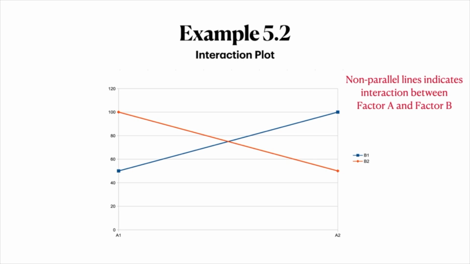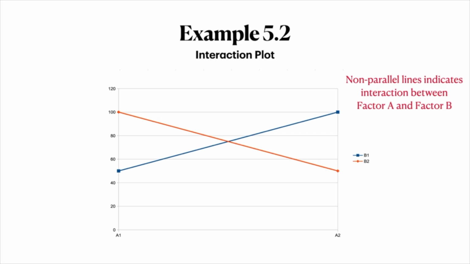But we can see here that because these lines are not parallel, there is obviously interaction between factor A and factor B. And you'll recall that in the last lecture video we said that if the lines are parallel, that indicates no interaction. Parallel lines would indicate that the effects of the factors are additive on the response.